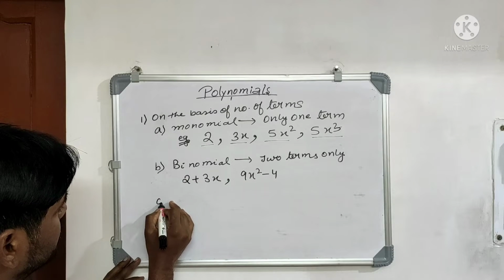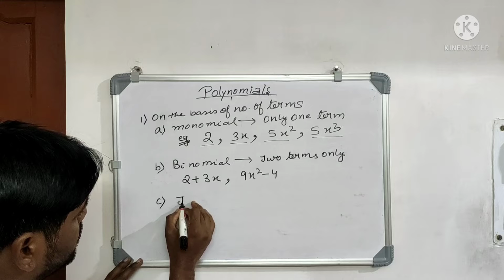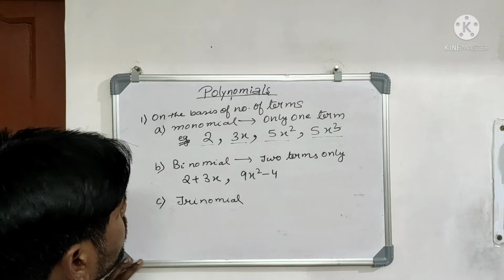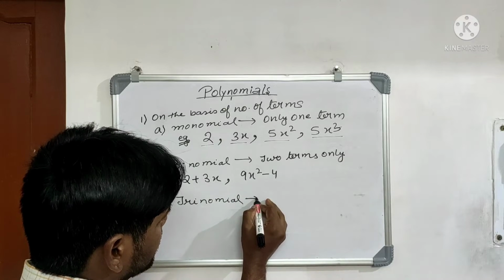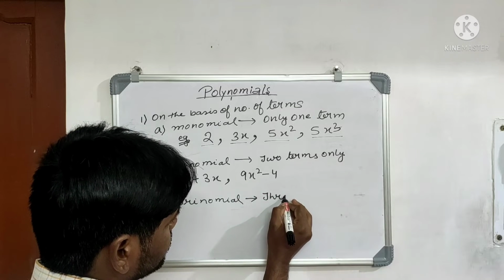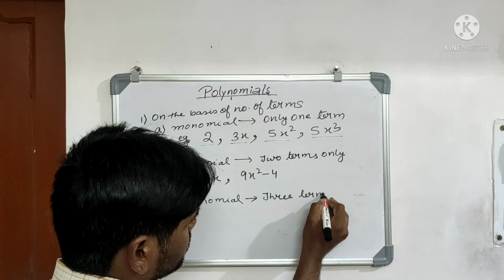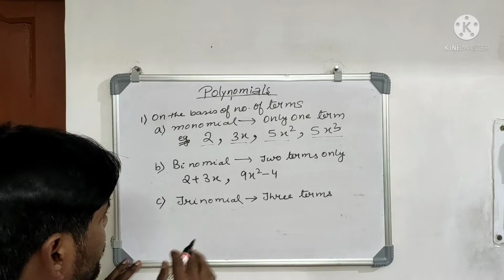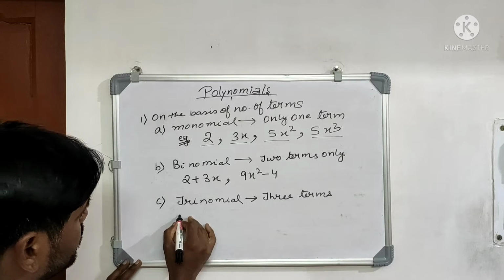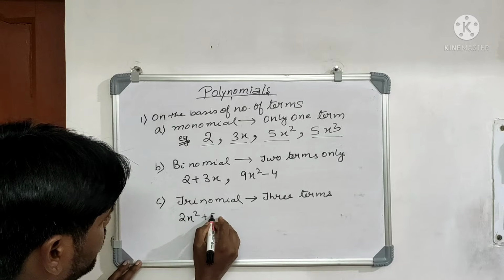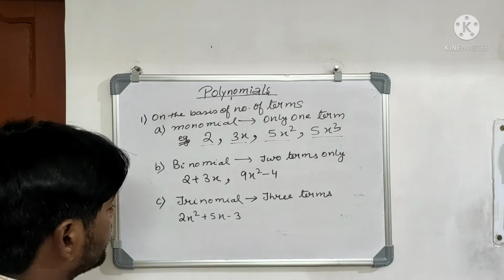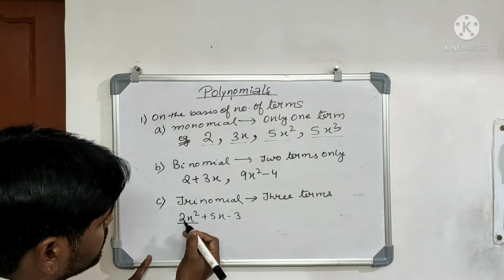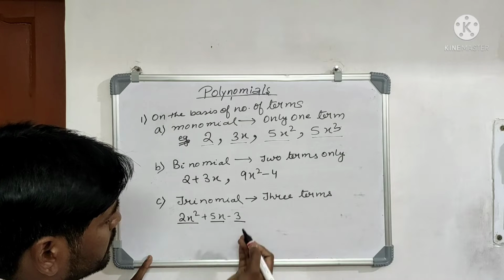Now the third one is a trinomial. Similar to the binomial and monomial, these are algebraic expressions that have only 3 terms. 2x square plus 5x minus 3 is a trinomial because here we have 3 terms: the first, the second and the third.